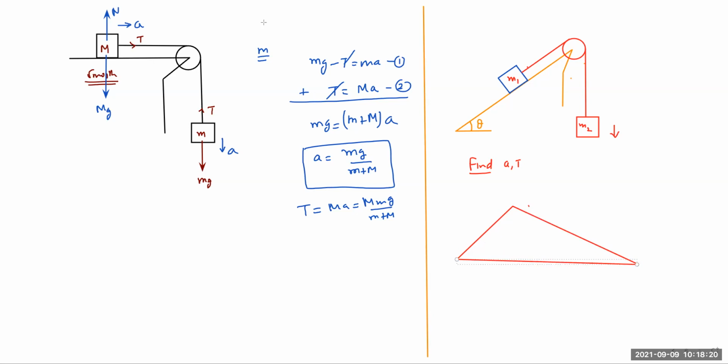So we have a fixed wedge. The wedge cannot move, so I have made it fixed. And then I introduce one pulley at the vertex.